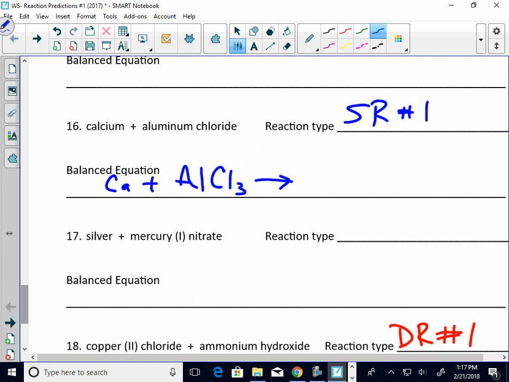Is calcium active enough to replace aluminum? Is calcium higher than aluminum? Yes. So calcium will replace aluminum. So this gives me calcium chloride, and I have aluminum being given off. Now, do I have a balanced equation?